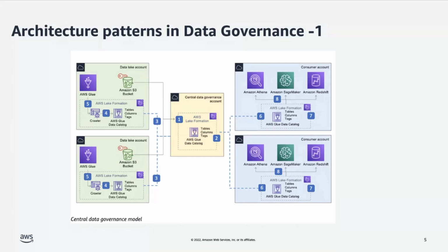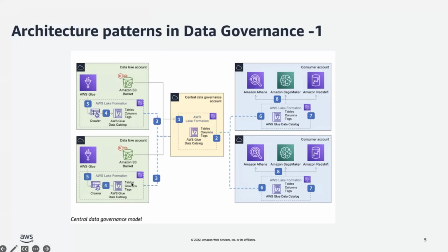We will see a few of the variations in these modern data architecture patterns. Shown here is the very first one, which is a central data governance model. Here you see producer accounts on the left and a few consumer accounts on the right. The central account is the central data governance account. The entire account structure and the architecture pattern is set up by a centralized data governance team.